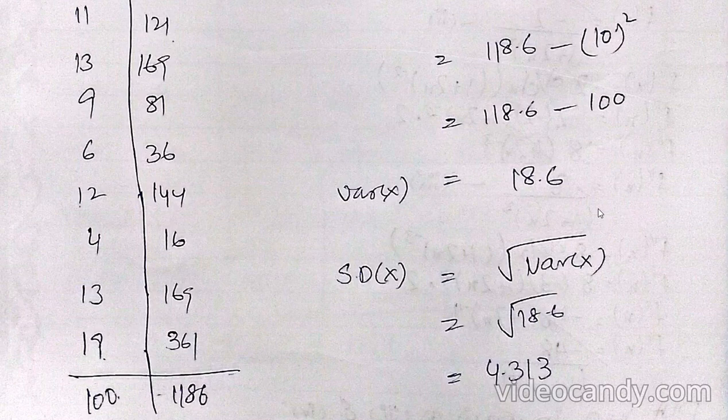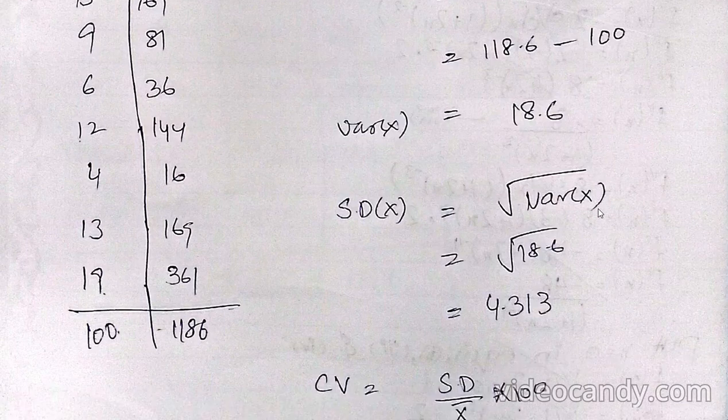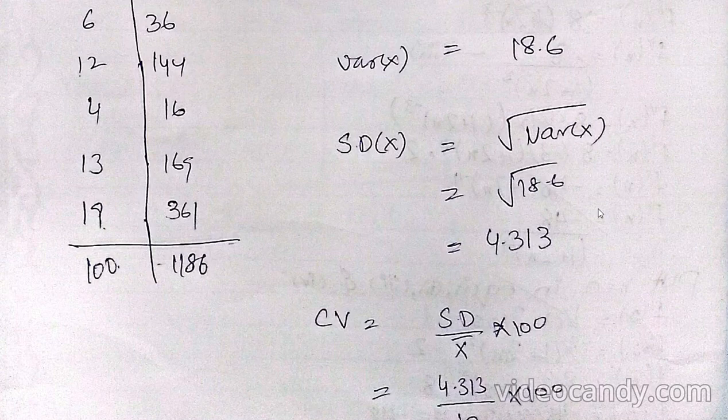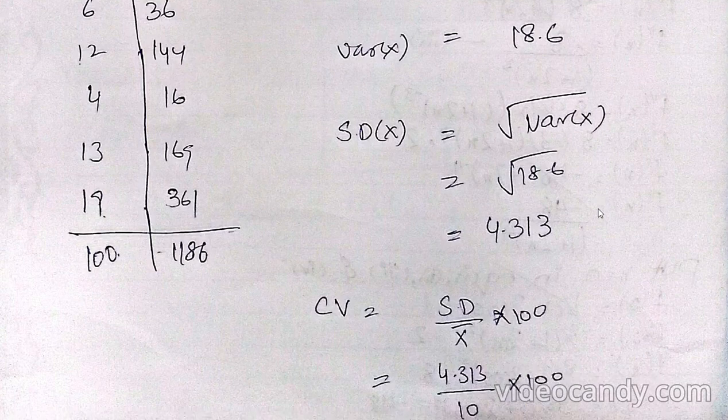So now we got 18.6 under the root, which is 4.313. That's the square root of variance, which is called standard deviation. Now what's the last thing? That is the coefficient of variation. Its formula is standard deviation divided by mean, multiplied by 100. But see, the standard deviation is 4.3.